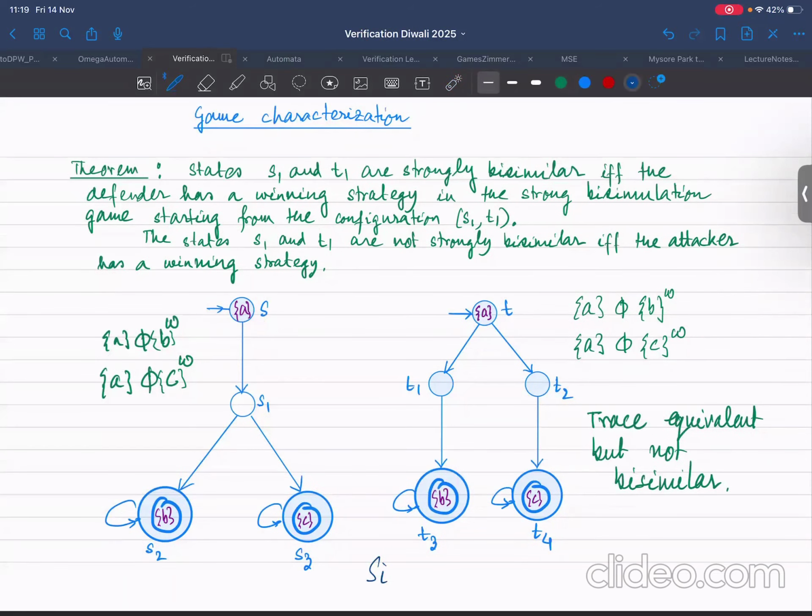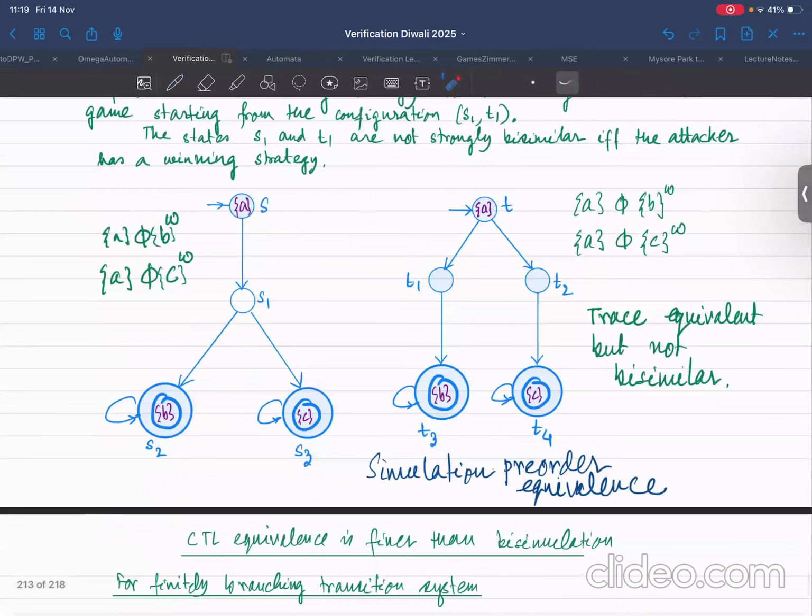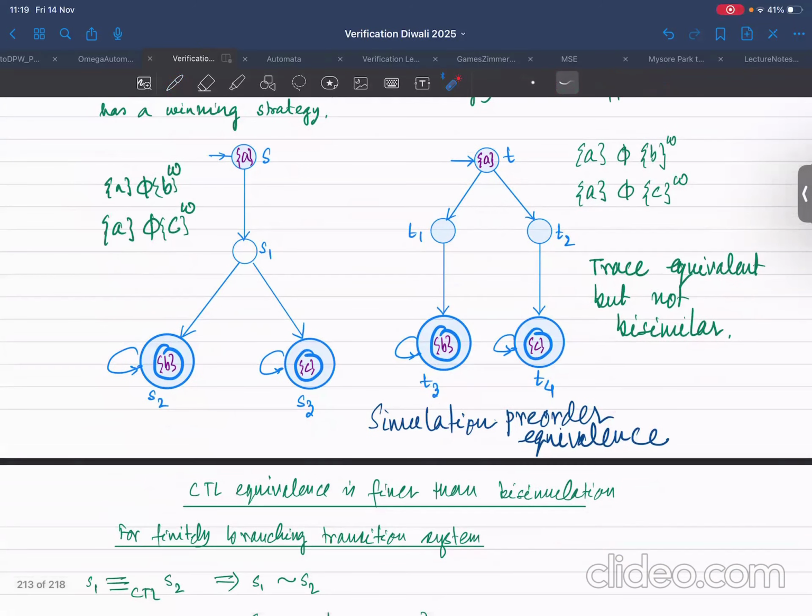We'll talk about simulation pre-order and simulation equivalence. So what is a pre-order? Reflexive and transitive. And an equivalence also has to be symmetric.